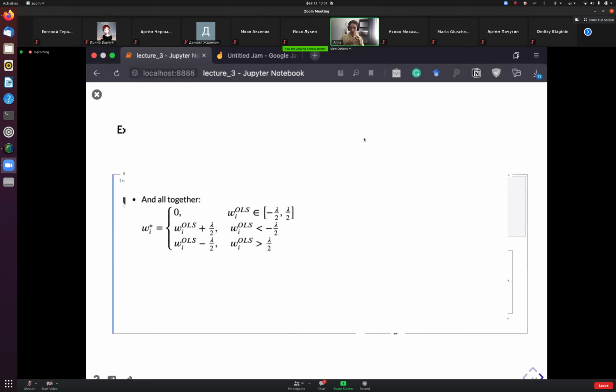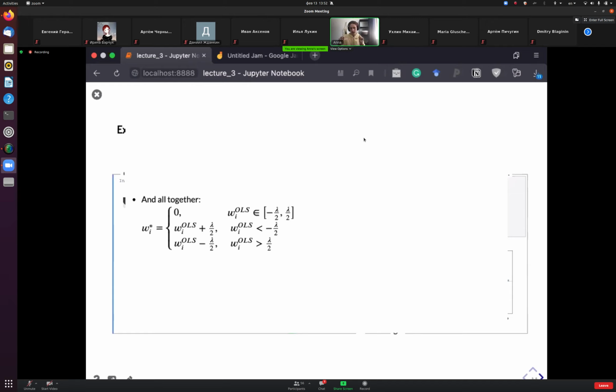So altogether, we have the following result. We have that the optimal coefficient for Lasso regression is equal to 0 if the corresponding coefficient was between minus lambda divided by 2 and plus lambda divided by 2. What does that mean? If in a non-regularized model some coefficient was pretty small, so it was in the region around 0, where the size of the region is controlled by our parameter lambda, then Lasso regression will just shrink this coefficient to exactly 0.